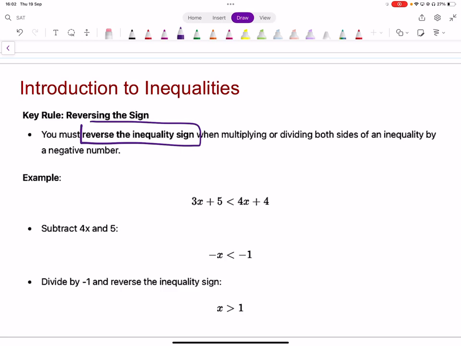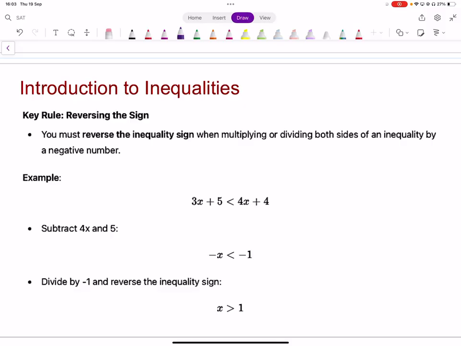For instance, if you have 3x plus 5 less than 4x plus 4, if you take the x terms to the left side, 4x comes here and becomes minus x. 5 goes to the other side, it becomes minus 1. So you have minus x less than minus 1.